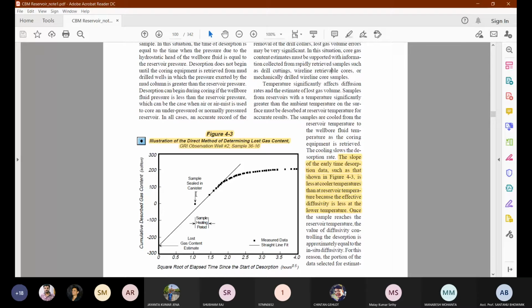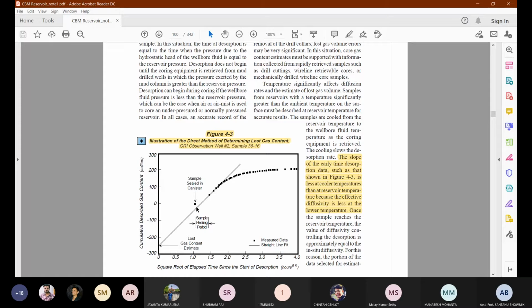If you are going to put 0 the moment you put the sample into the sealed canister, sealed means it is a closed canister so that there is no leakage, if you start the time at 0 here, then obviously you will not be able to get the lost gas content, as you are starting the deduction right now and there is no lost gas content, which will be wrong.